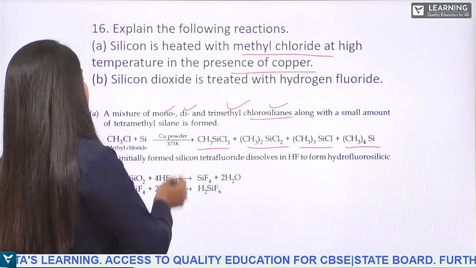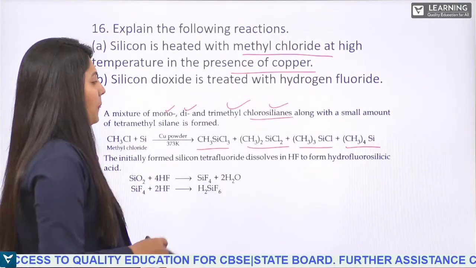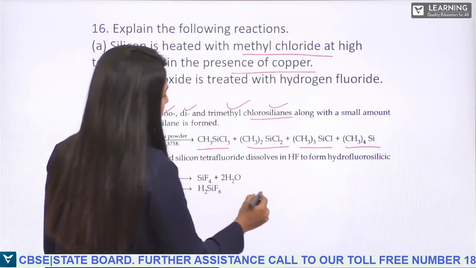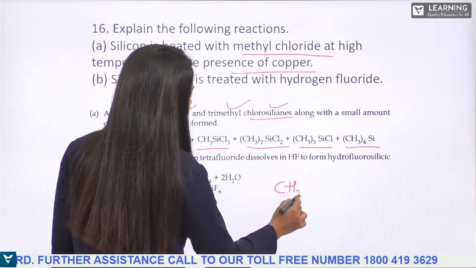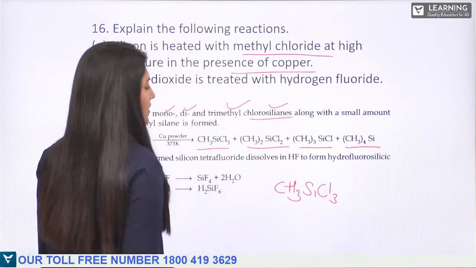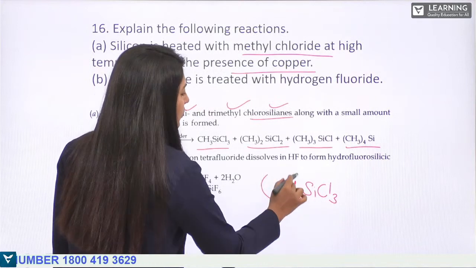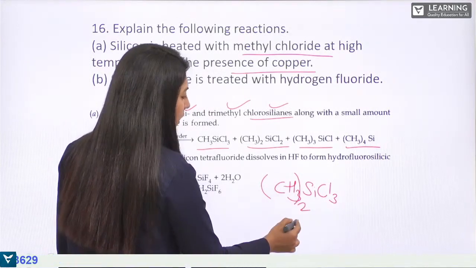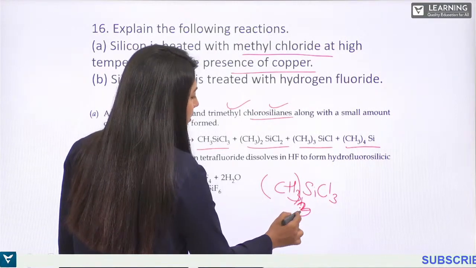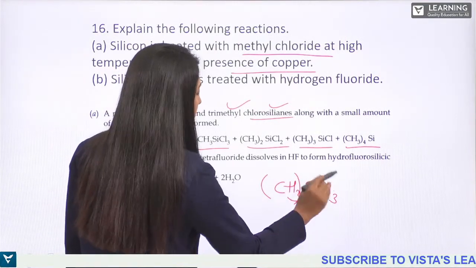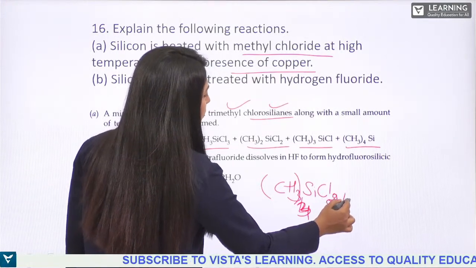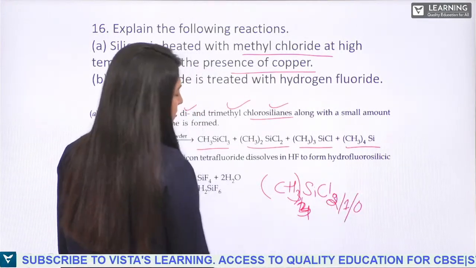Silicon, when it is heated with methyl chloride, we get methyl trichlorosilane, CH3SiCl3. So this is what has been formed, and if you want di, it will be CH3 twice. If it is thrice, CH3 thrice, 4, then CH3 4. And you have to remember that by that time the chlorine will be reducing to 2 and then 1 and 0 respectively.